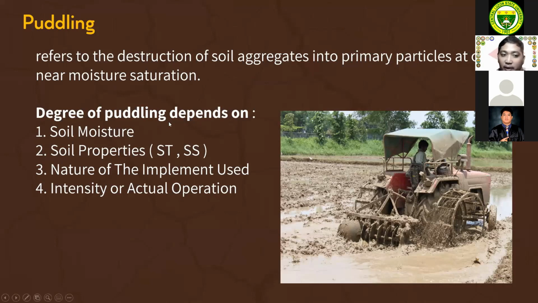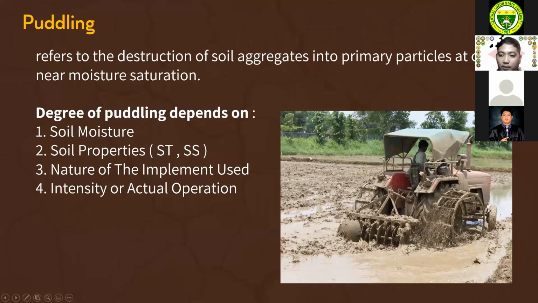So in order to properly puddle the soil, the soil moisture must be saturated. Or dapat yung micro and macropores niya ay may tubig. Then it depends on soil texture and soil structure also. Nature of the implement used and the intensity or the actual operation.